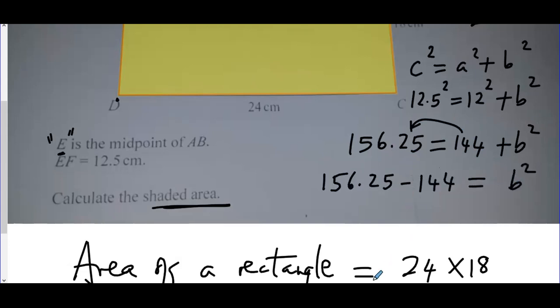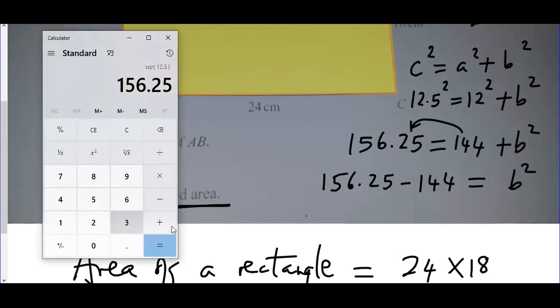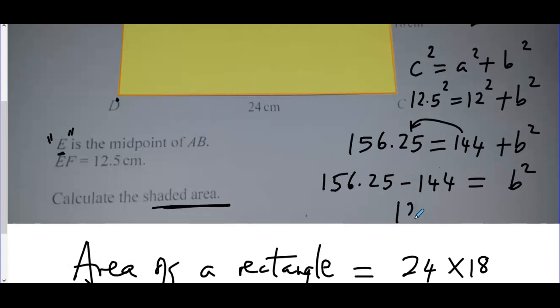Now, what is that equal to? 156.25 minus 144 equals 12.25. Now we have 12.25 equals B squared.